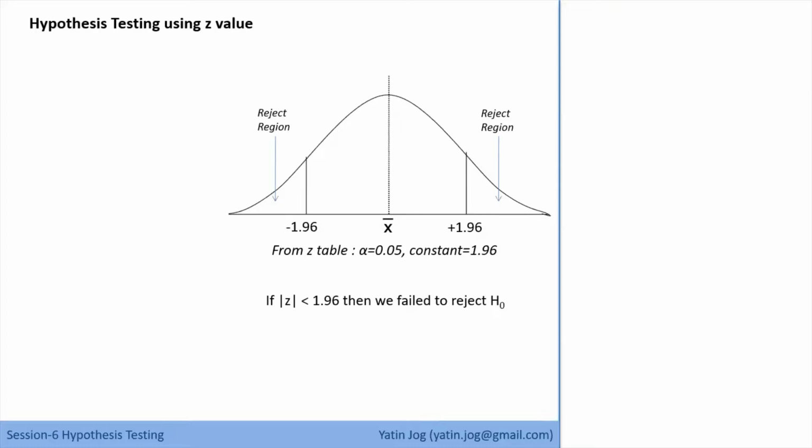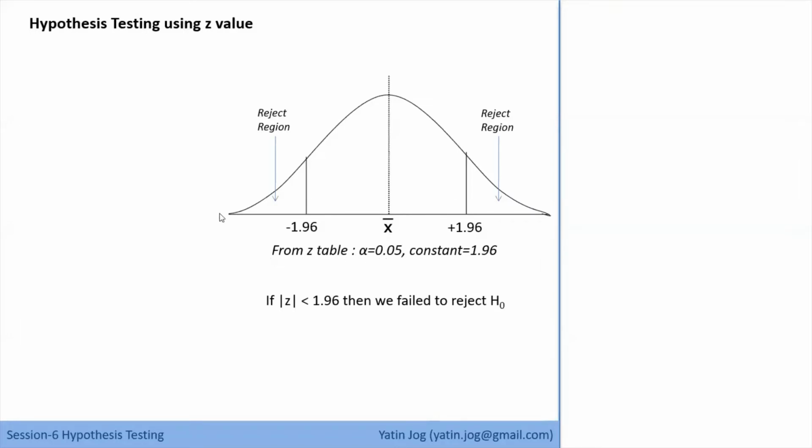Now this is the second method, hypothesis testing using Z value. We will see how to calculate the range of accepted values using Z value. We are all aware of this data distribution, and that at the middle point we have X bar, the mean of the distribution, and we can easily calculate Z for any value in this distribution, which gives the distance.